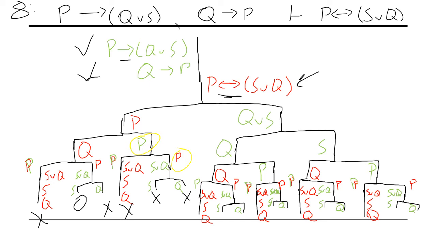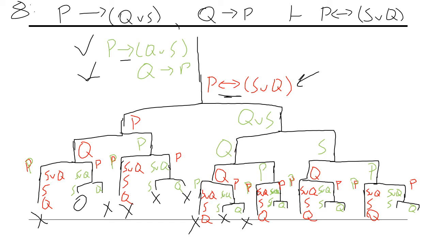Next, I've got, let's see, Q and a Q. Those will cancel out. And I've got a Q and a Q up that way, so I know these two will cancel out.